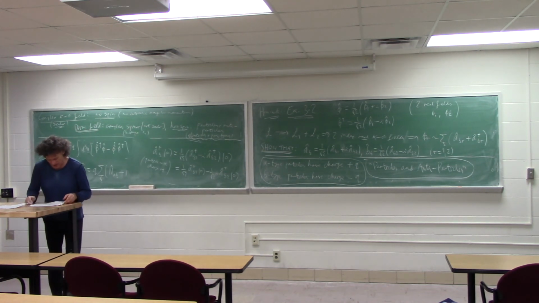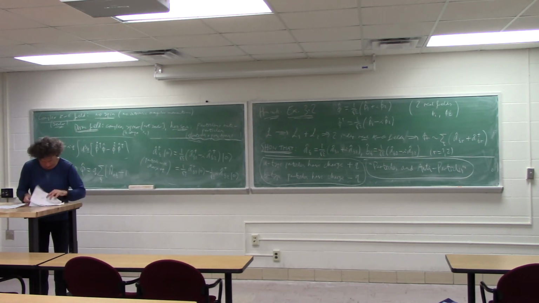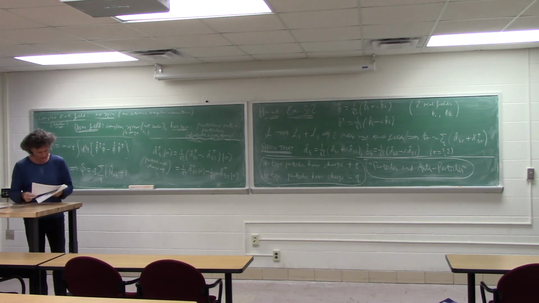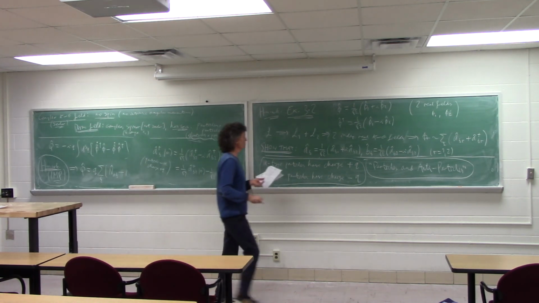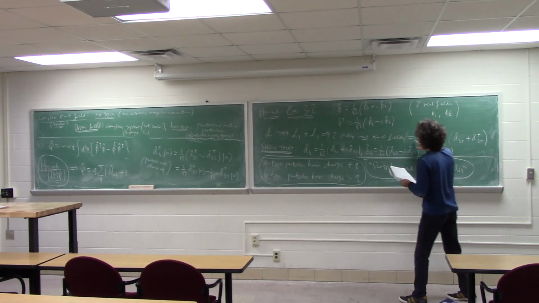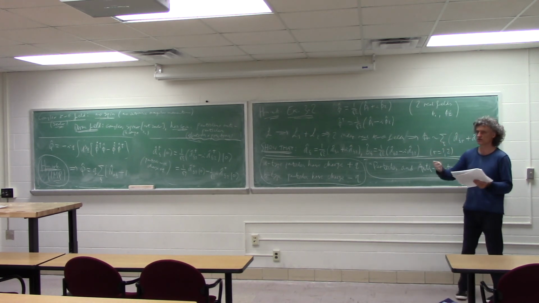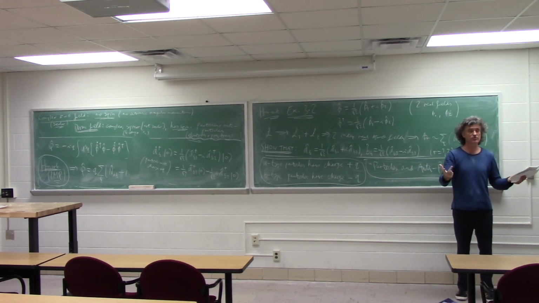Anyway, there's an exercise. There's also something that you can do at the end of exercise 3.2, where it says, well, if I think of this system as two real Klein-Gordon fields, you can write down commutation relations for your real Klein-Gordon fields.